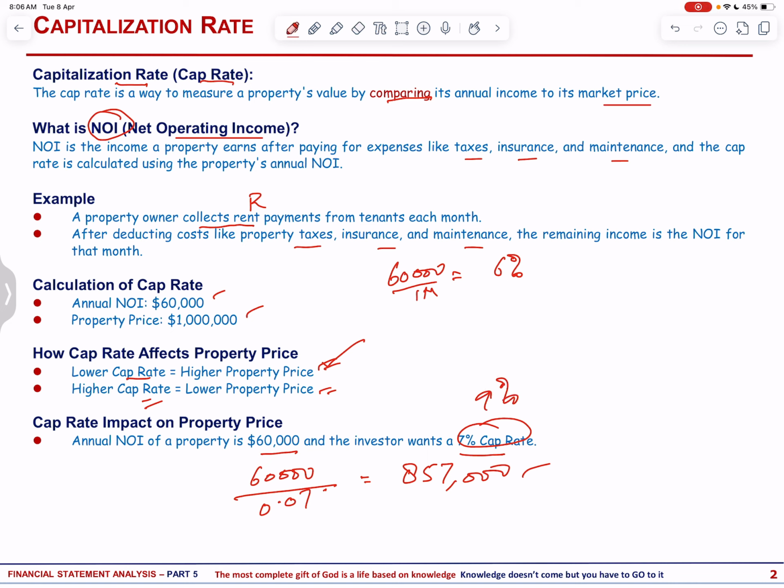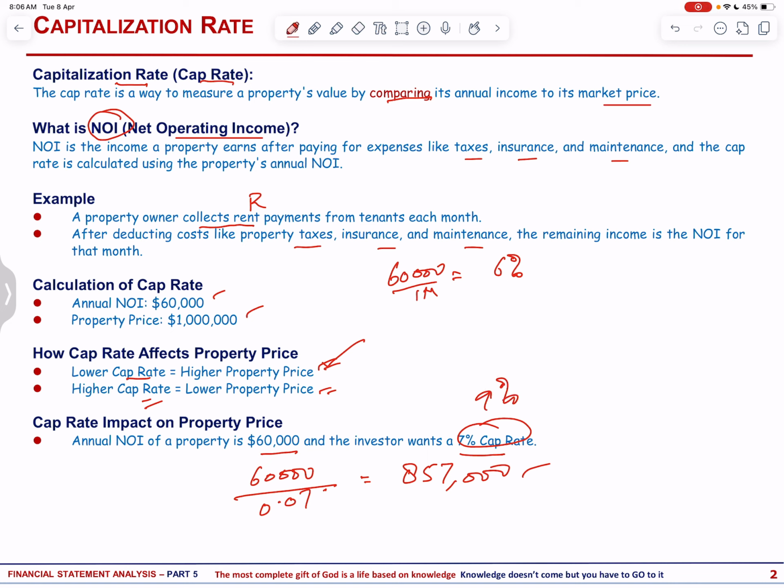And the reason is that there is a higher expected return and there is a higher risk as well. So cap rates are subjective and can reflect an investor's belief in the potential risks and returns of a property. Understanding this relationship can help you determine how much you are willing to pay for a property based on its income generating potential.